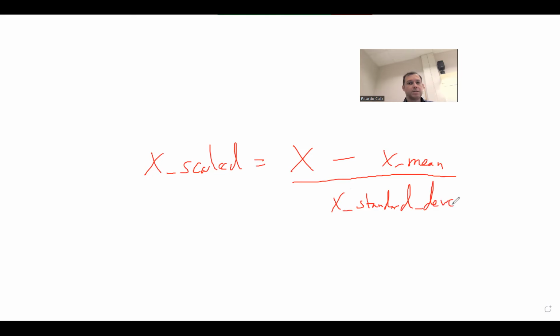That's it. So this is all we have to do. The approach will be basically to create two variables that calculate the mean of the X's and the standard deviation of the X's, and then we're going to perform this operation. That will allow us to normalize the data so that we can convert the data from this to this.